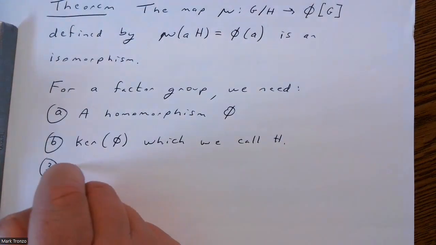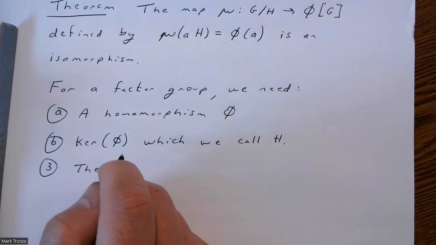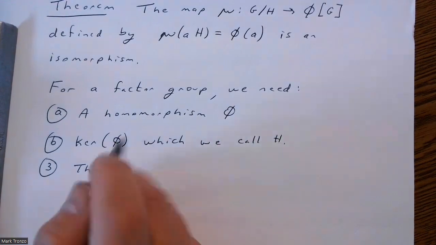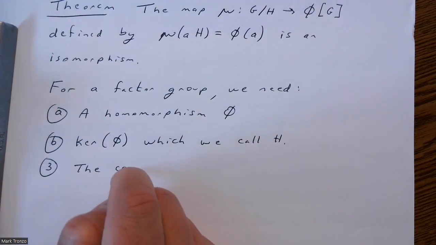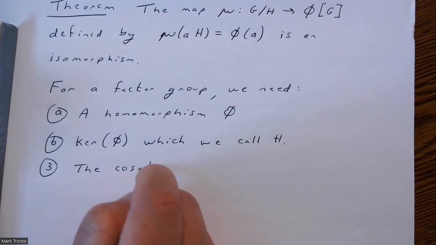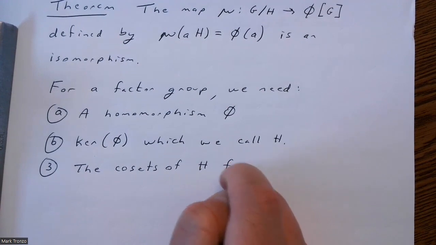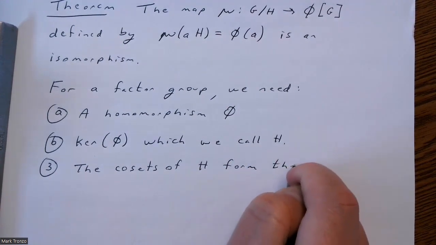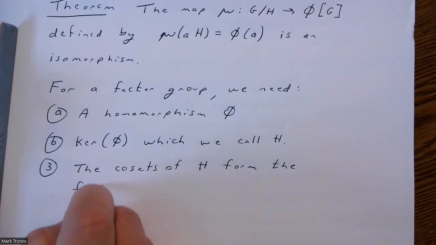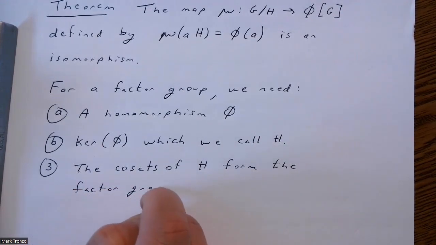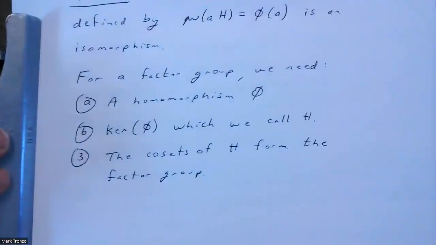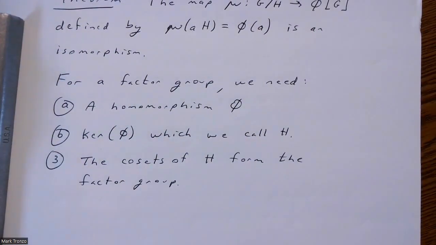Then the cosets of H form the factor group. I guess I'm sort of restating things a few times here. And so let me take some examples here.